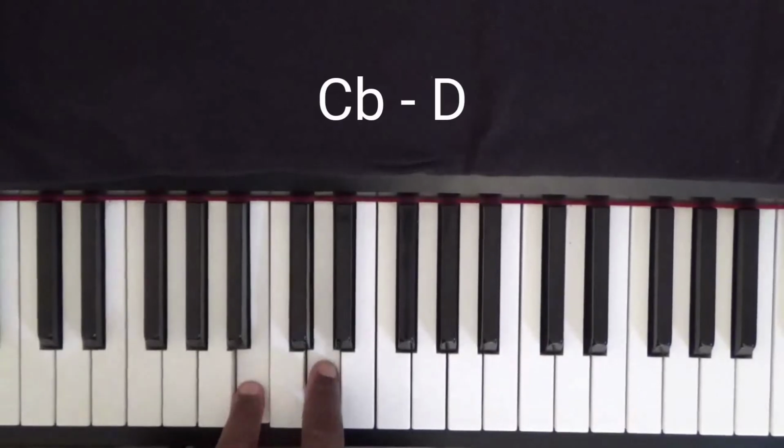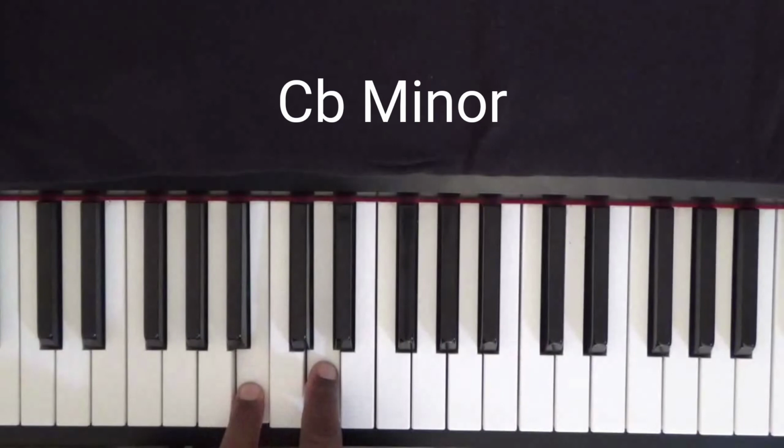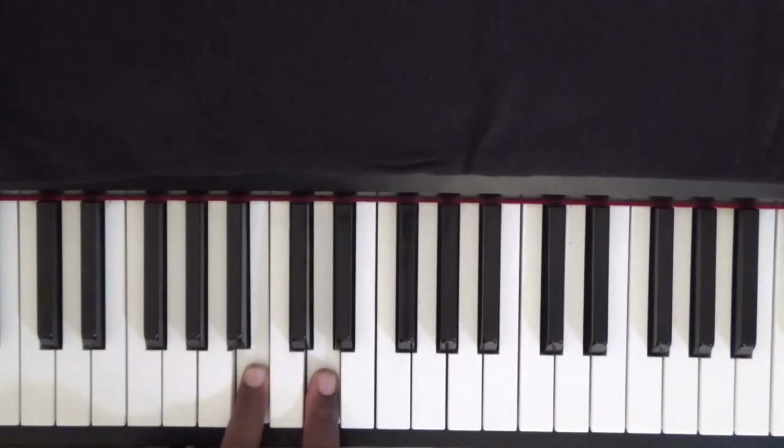Together, C flat minor. Okay, that's a little tricky one. You're probably not going to hear anybody say this, but that's how you would play it. If somebody ever tells you that a white note is a flat or sharp, that's how you know.